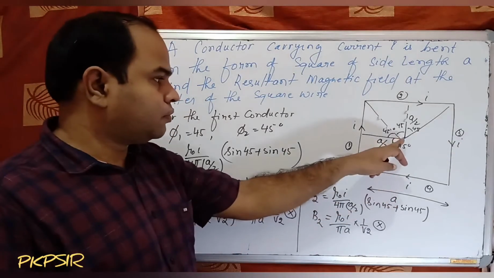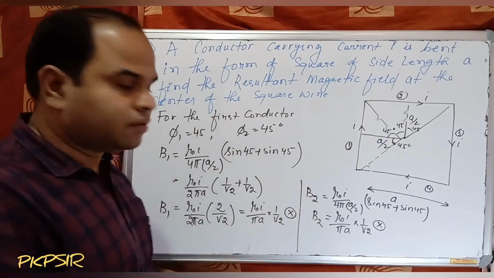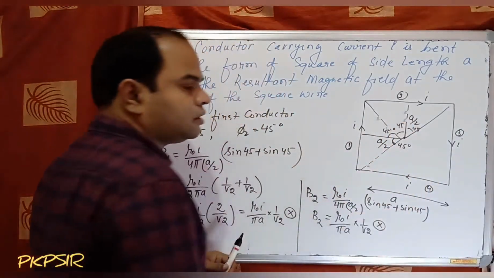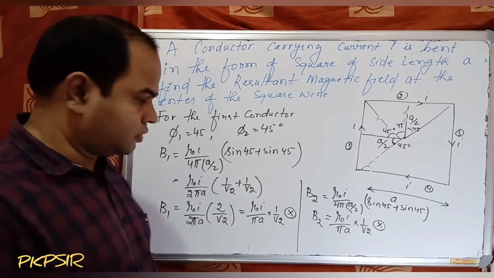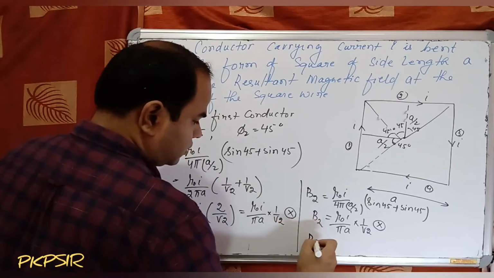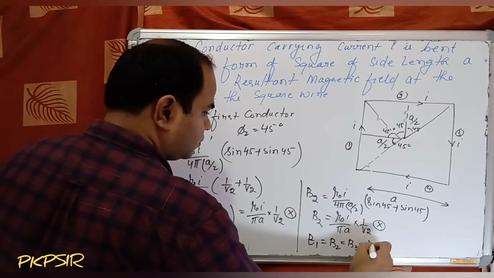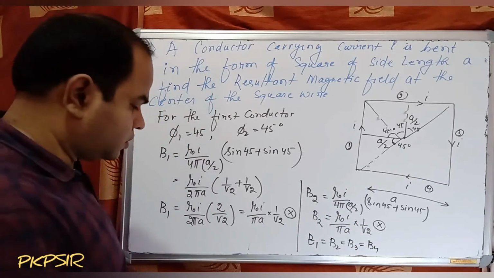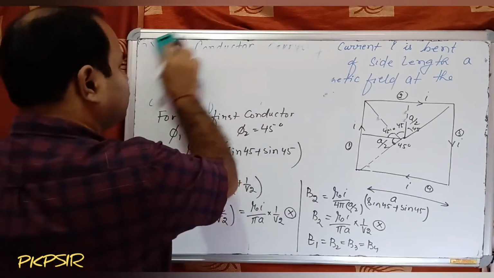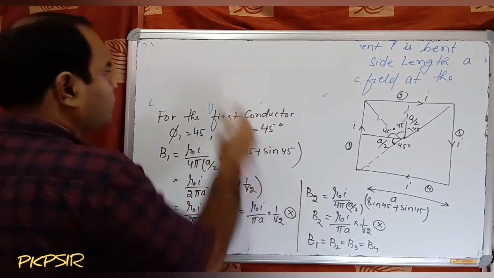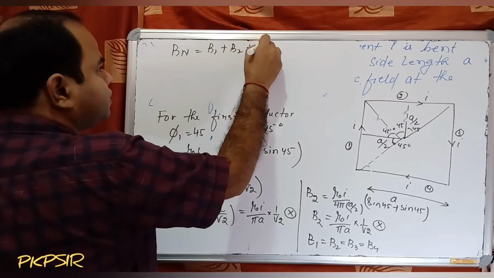For the fourth conductor at the center, same magnitude, same direction inward. So we can say B1 is equal to B2 is equal to B3 is equal to B4. So the net magnetic field will be B net is equal to B1 plus B2 plus B3 plus B4.